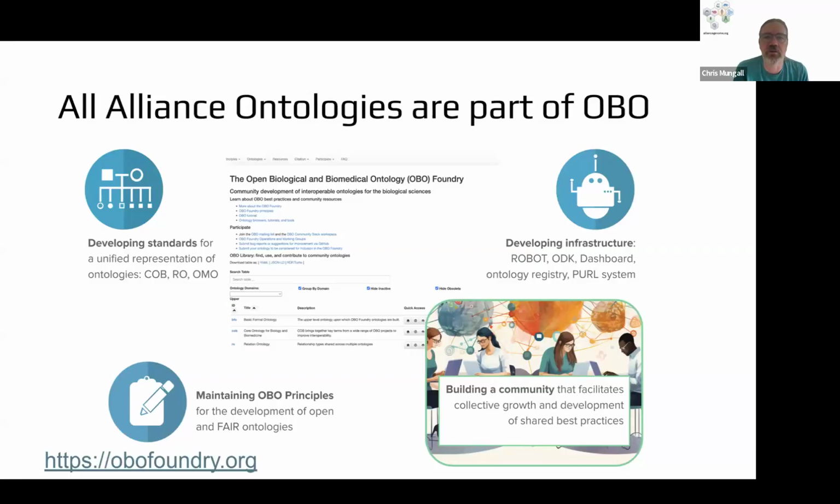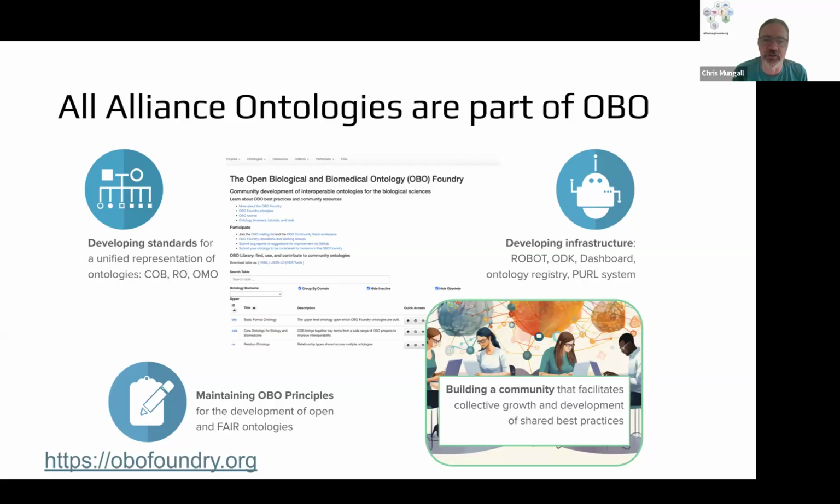So all the ontologies used in the Alliance are part of OBO, or the Open Biomedical Ontologies Foundry. And so the basic idea with OBO is it arose, many years ago, originally as an offshoot of the gene ontology, when in the gene ontology we realized that we needed to make use of other ontologies to describe other aspects of biology.